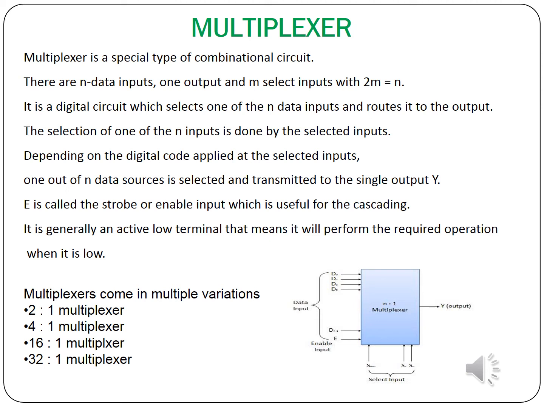So there are 2:1, 4:1, 16:1, and 32:1 data selectors.